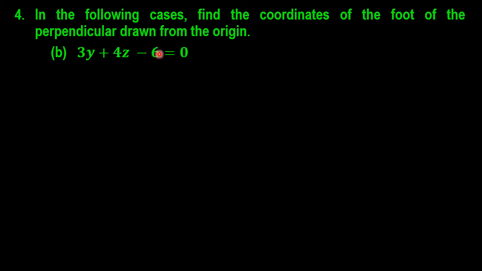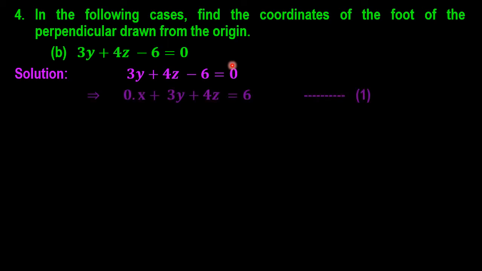Here we need to shift minus 6 to the right hand side and there is no x component. After rearranging the equation of the plane in standard form, we get 0 into x plus 3y plus 4z equals 6. So this is our equation number 1.